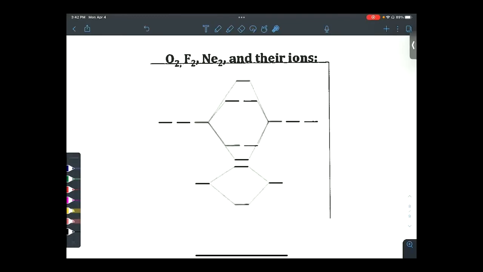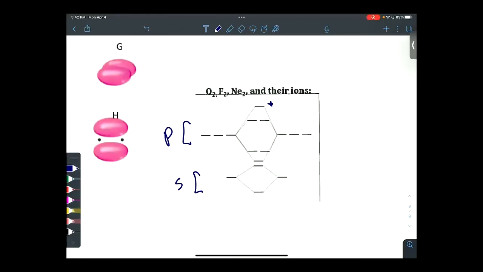All right, so star, anti-bonding orbitals. Are they lower or higher in energy than bonding orbitals? Higher, yes. So if we look for sigma stars, they'll always be higher than their sigma counterparts. I always like to remember these are my S interactions, these are my P interactions. So this highest one is going to be that sigma star between P orbitals.